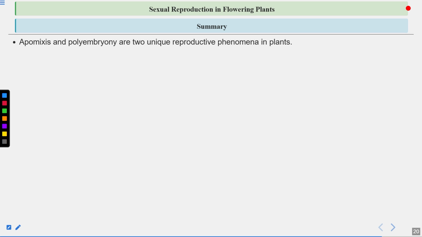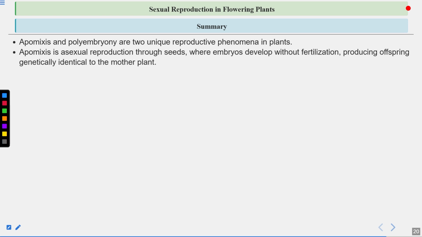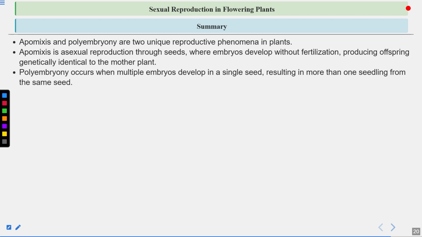Let us first summarize this chapter, today's lecture. Apomixis and polyembryony are two unique reproductive phenomena in plants. Apomixis is asexual reproduction through seeds where the embryos develop without fertilization, producing offspring genetically identical to the mother plant. And polyembryony occurs when multiple embryos develop in a single seed, resulting in more than one seedling from the same seed.